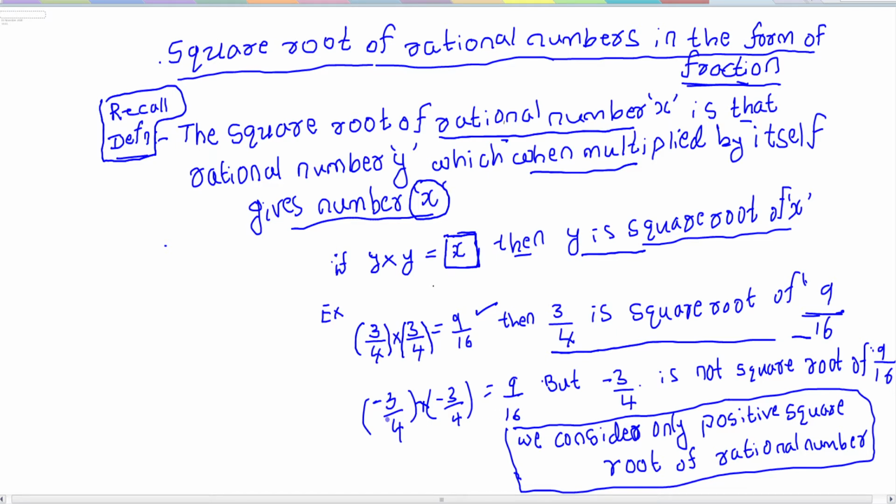Can you say minus 3 by 4 is a square root of this 9 by 16? No, we consider only positive square root of rational numbers. We do not consider negative. Therefore, 3 by 4 we consider positive square root of rational numbers. These are the things.